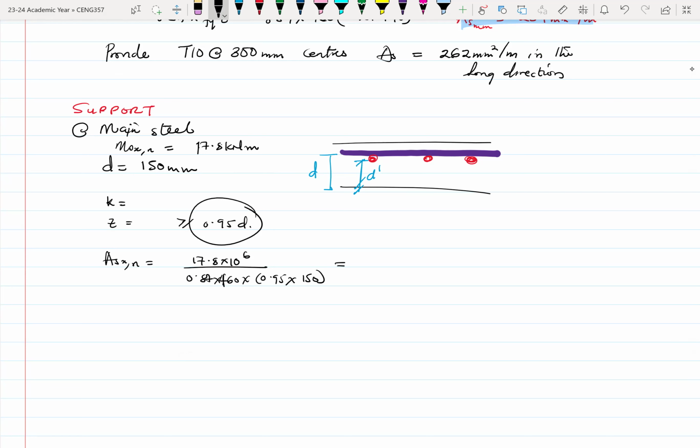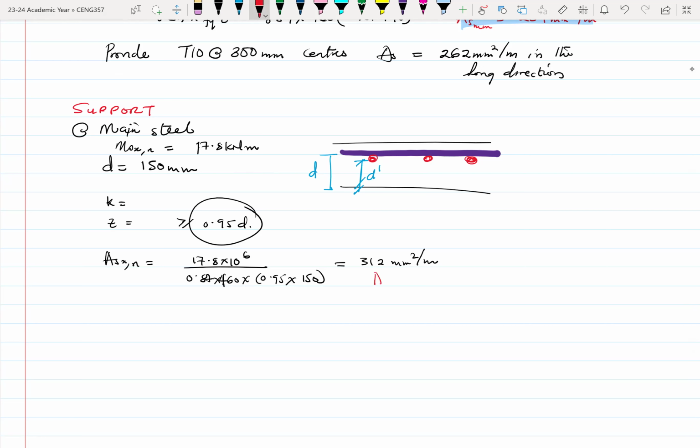If we do these calculations, we should have an answer. So 0.87 times 460 times 0.95 times 150, and this will give us 312, I believe. 312 millimeter squared per meter.